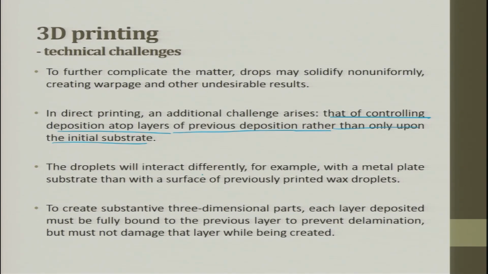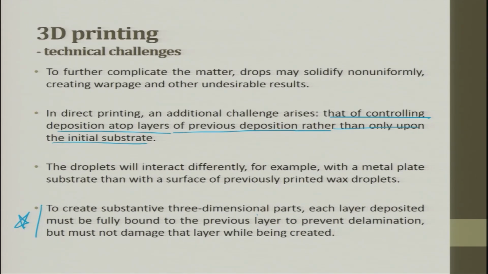The droplet will interact differently, for example, with a metal plate substrate than with the surface of a previously printed wax droplet. To create substantive three-dimensional parts, each layer deposited must be fully bound to the previous layer to prevent delamination, but must not damage the layer while being created. So, this is also a major challenge.